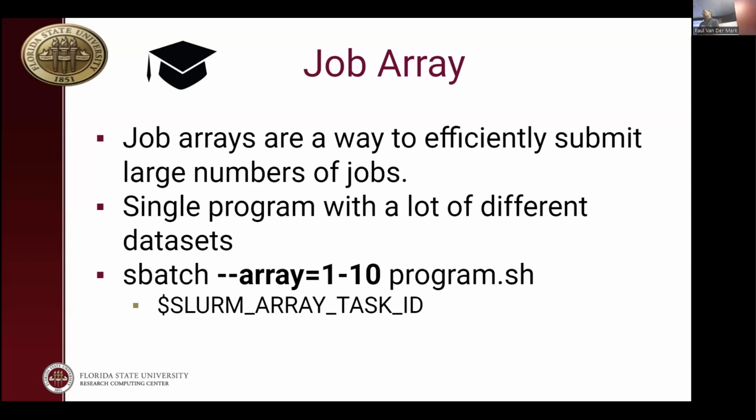Now, of course, your job has to fit that paradigm. But if it's all very small and it's the same script, the only difference between all these runs is this variable, SLURM_ARRAY_TASK_ID, which is different for all the little steps. So if you can break up your program in a number of small steps, Slurm is very efficient with job arrays.